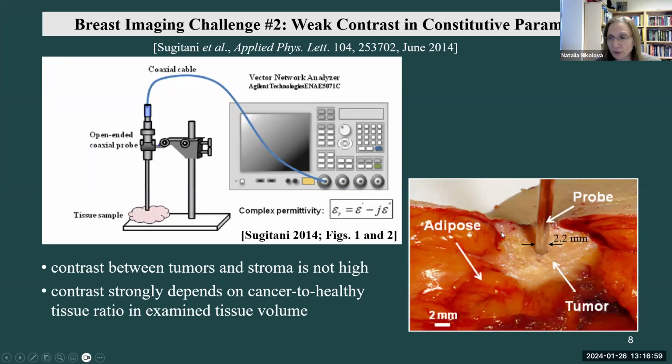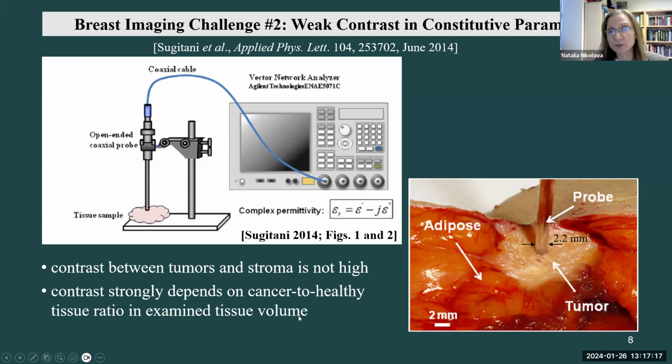Here you see the probe inserted in a tumor, or at least visually, this is considered to be a region of tumor. And we also measure in the adipose or fatty tissue, fibroglandular tissue nearby, etc., etc.